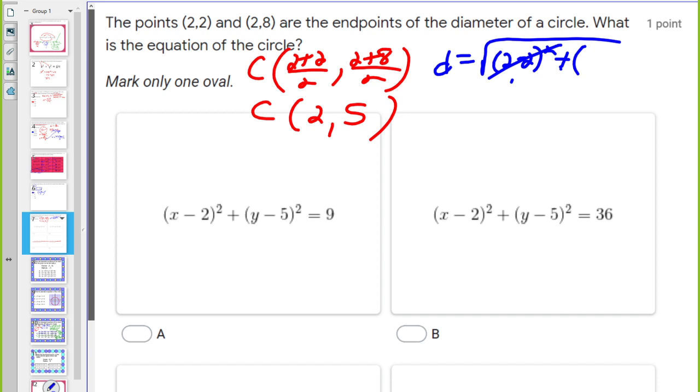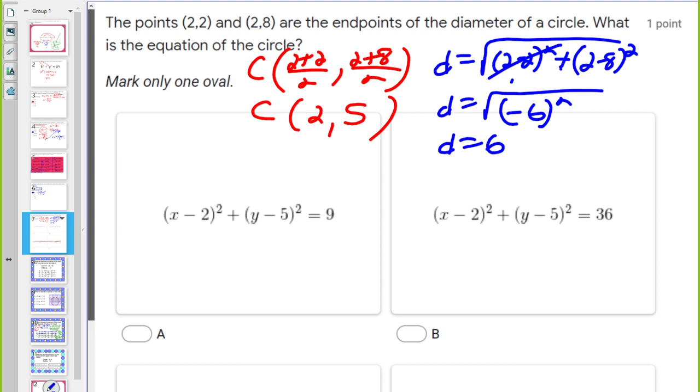Because what's anything times 0? What's anything plus 0? Itself. So really all we get here is the square root of negative 6 squared. When you square negative 6, you get positive 36, but then when you square root it, you get positive 6. That's the diameter. What's the radius? And the radius is 3.